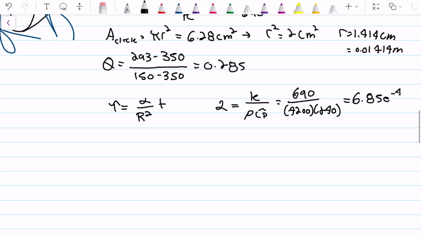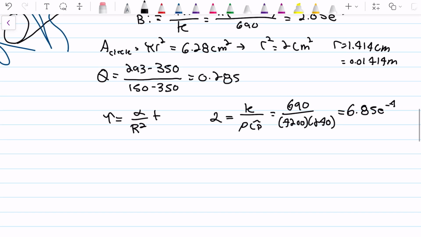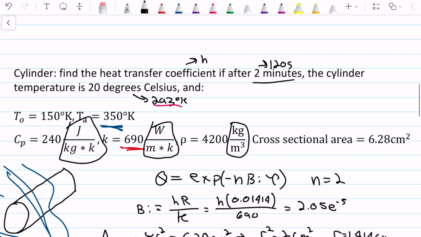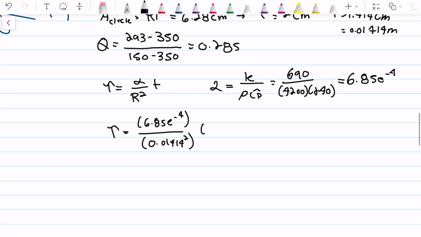All right. And then let's solve tau, which is going to be that in the numerator, our radius in the denominator squared, times time, which is 2 minutes or 120 seconds.